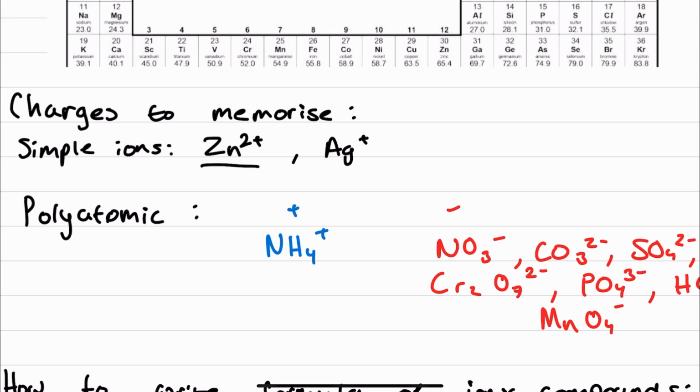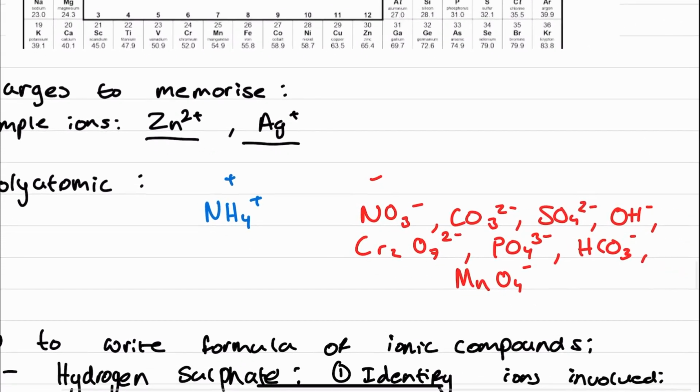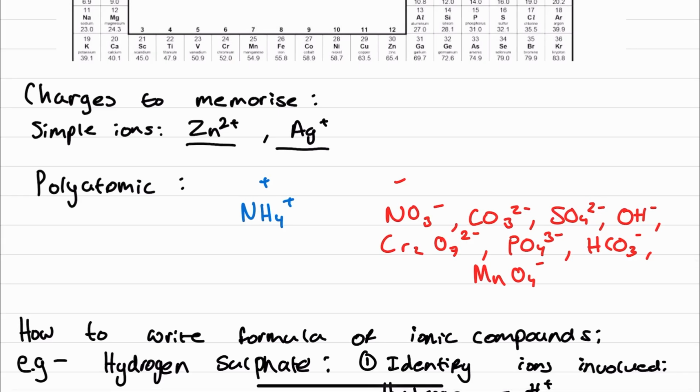That's zinc 2+, Ag+, and then all of these polyatomic ions. Ideally, over time, you will memorize them just because you'll be using them so much throughout the years. But it's good to just have them down somewhere.